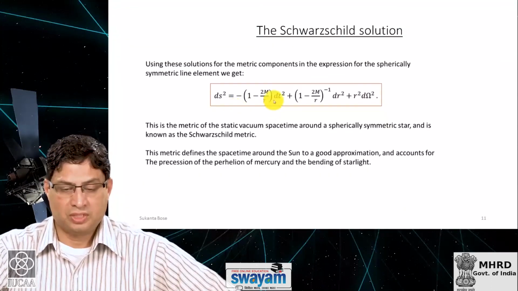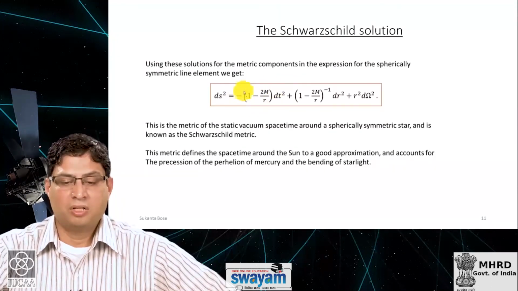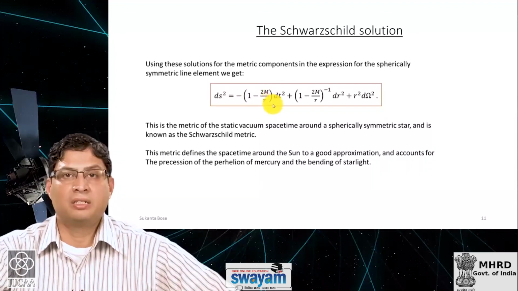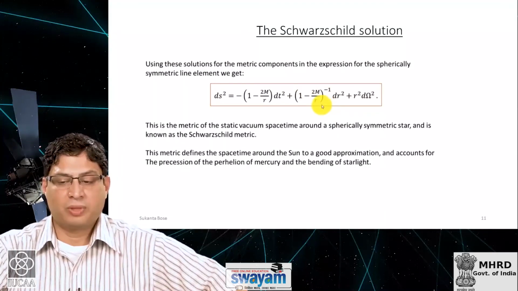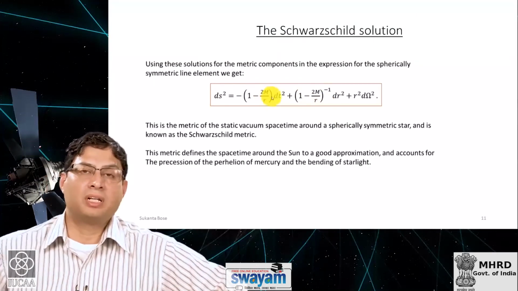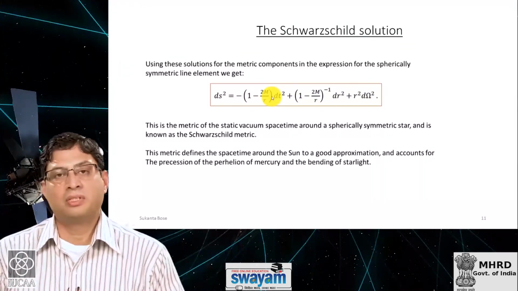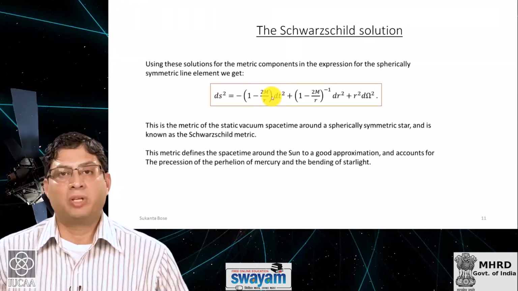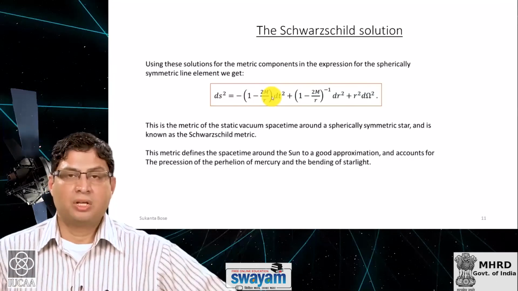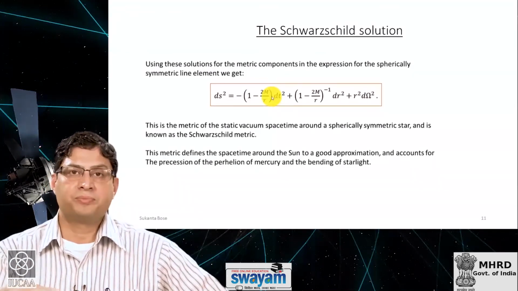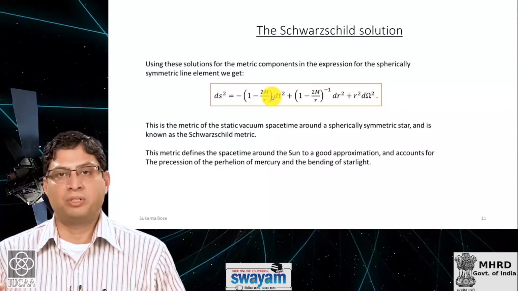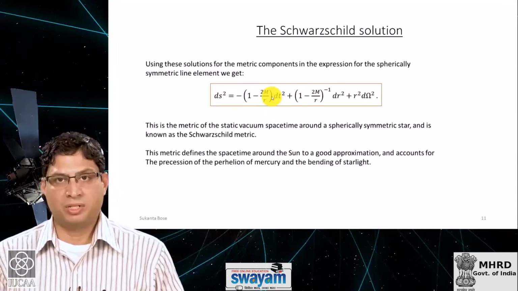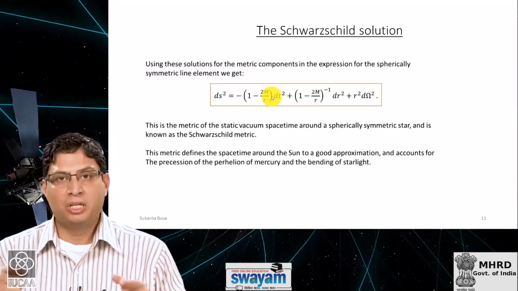So, the time component is minus in parentheses 1 minus 2m over r, and the space component is 1 over 1 minus 2m over r. Here m can be interpreted as the mass of the star, like the sun, around which in vacuum you are examining how physical distances can be computed from coordinate separations like dt, dr by using this metric.